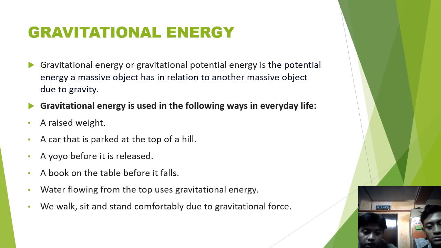Examples are a weight, a car parked at the top of a hill, a yo-yo before it is released, and a book on the table before it falls. Water flowing from the top uses gravitational energy, and we walk, sit, and stand comfortably due to gravitational force.